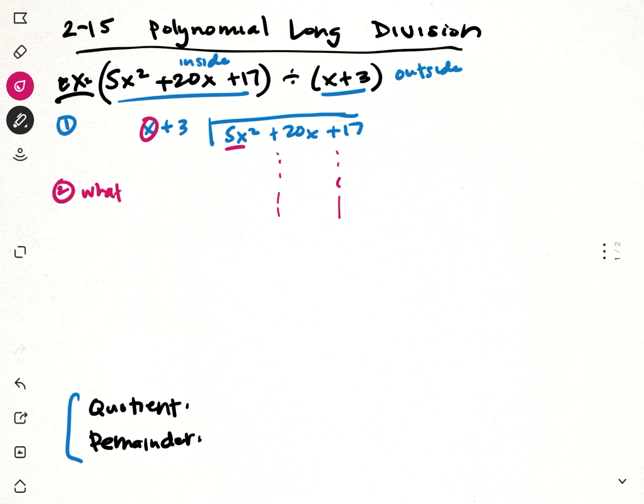So we're asking ourselves, what times x is going to give me 5x squared? I know that if I multiply my x by 5x, then we get 5x squared. So our answer is 5x, and we're going to put 5x up here.